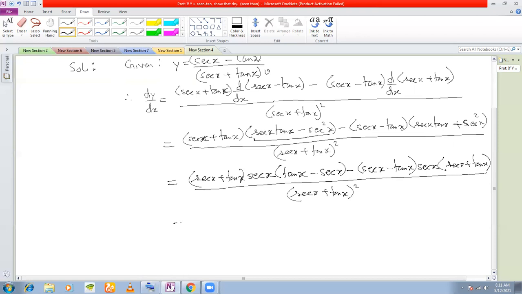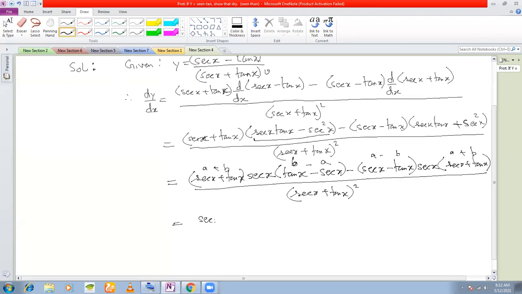Now what you see here is, this is your a plus b form, and this is your b minus a form, that is b plus a into b minus a, which if you multiply, you will get b square minus a square. Similarly, you have a minus b form here and a plus b form here, which is a square minus b square if you multiply.